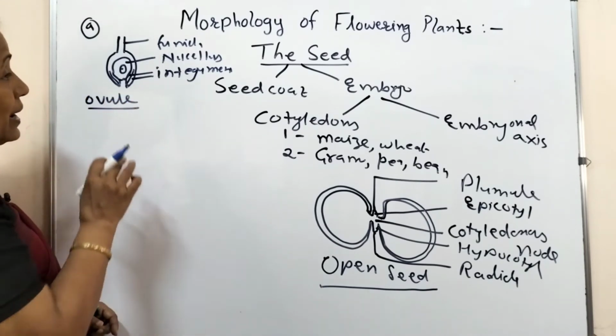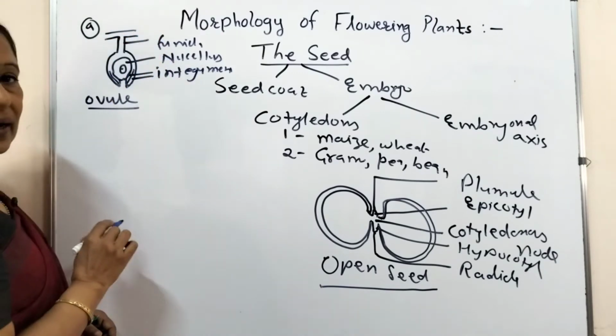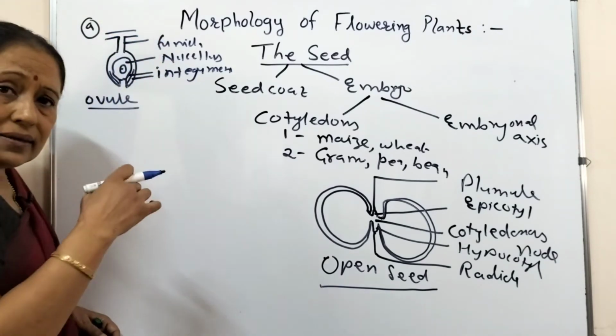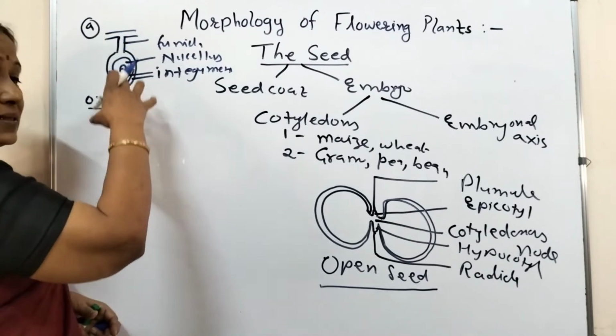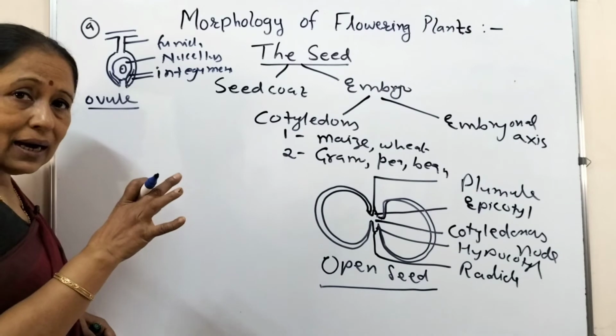This is the ovule. Now, does this ovule have to hang like this straight, stalk and then the body, like your fan?